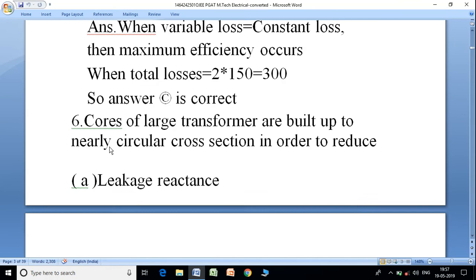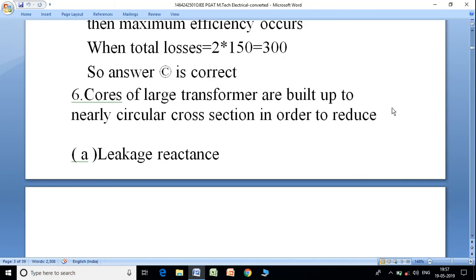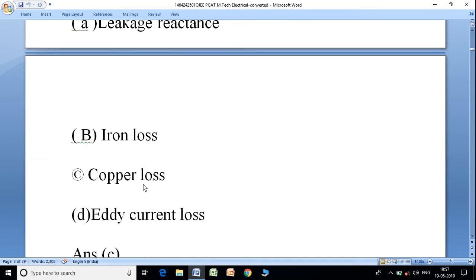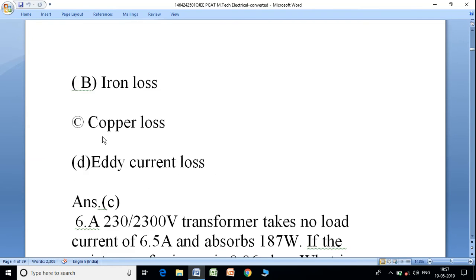So next question. The core of a large transformer is built of nearly circular cross section in order to reduce leakage reactance, iron loss, copper loss, or eddy current loss. The best suitable answer is copper loss, because copper loss is nothing but I square R loss, which depends upon resistance.